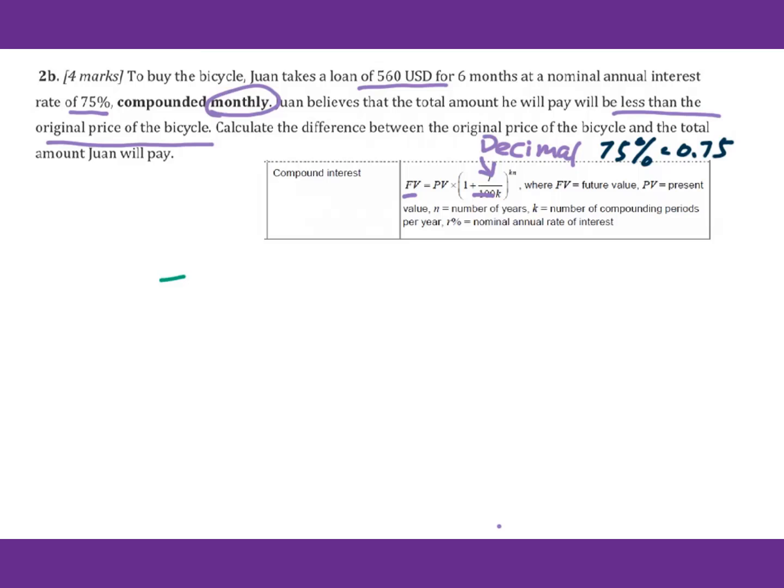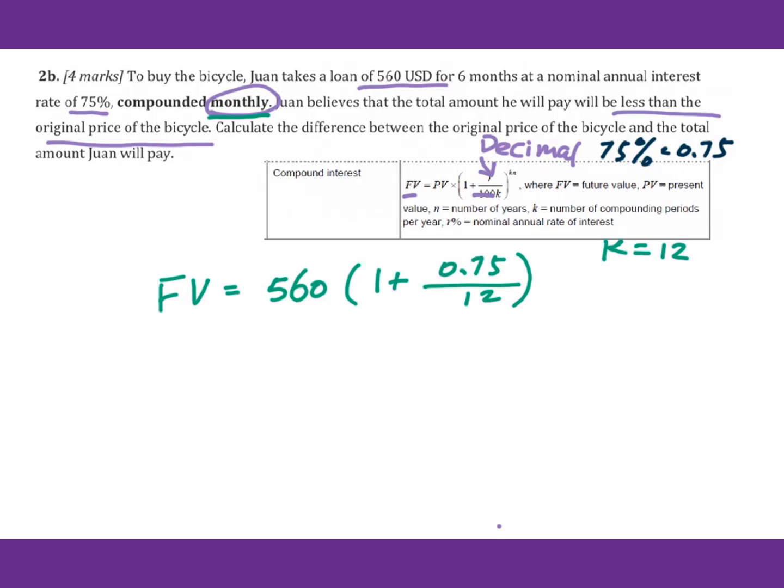Therefore, FV equals PV, that's 560, times 1 plus 0.75 over 12. Monthly means K equals 12. Then the exponent is 12 times N. N stands for number of years. 6 months means 0.5 years.